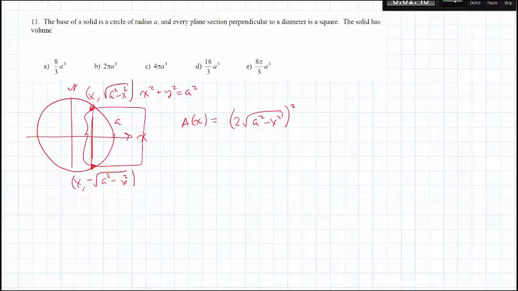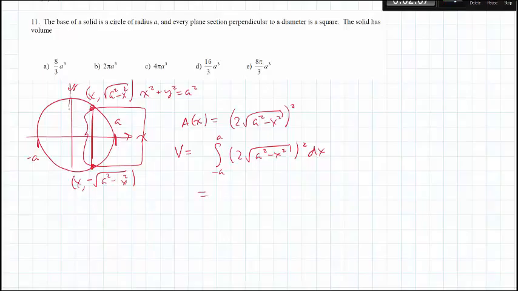If that's the case, then the volume is going to be the integral from the lowest x value, which is negative a, to the highest x value, which is positive a, of this area equation dx.